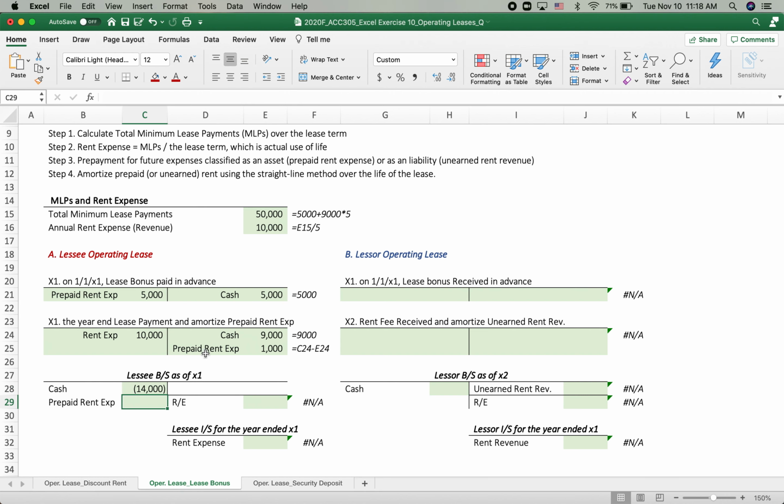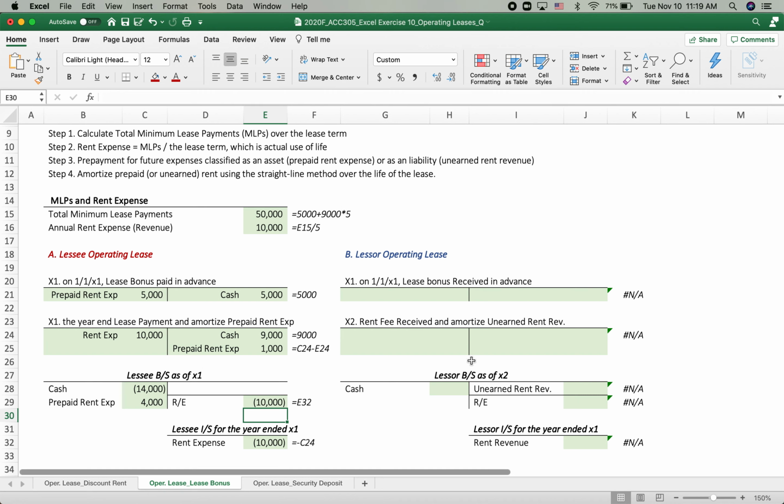And then the prepaid rent expense here, we recorded $5,000 for the asset, and then we reduced $1,000 once we used it. The rent expense, equally distributed $10,000, should go into the retained earnings. So we're done. Next, the lessor operating lease.